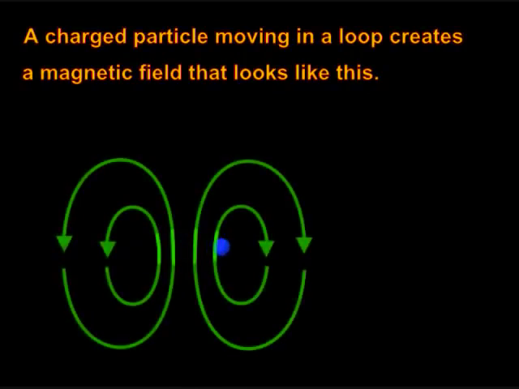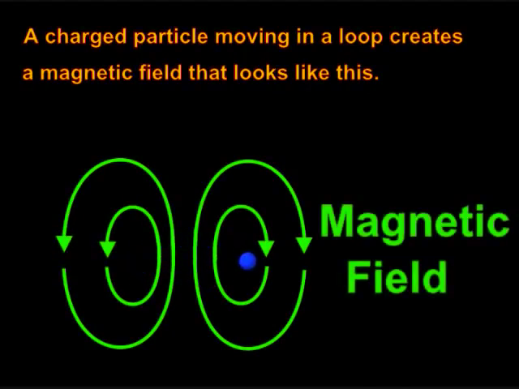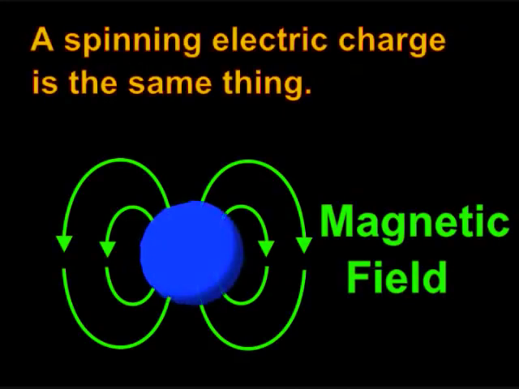A charged particle moving in a loop creates a magnetic field that looks like this. A spinning electric charge is the same thing.